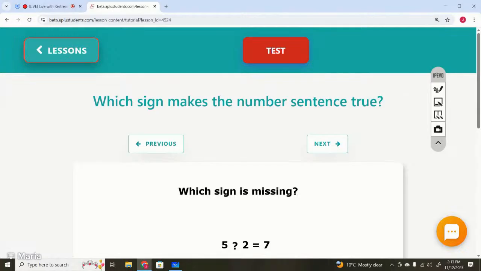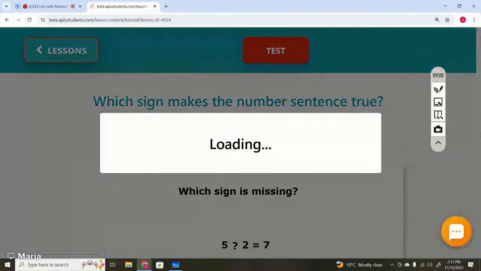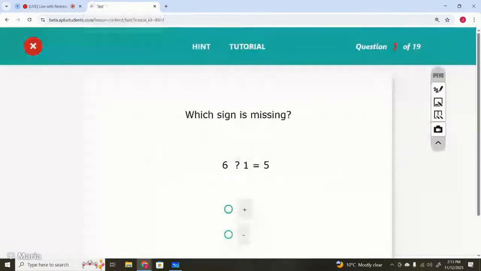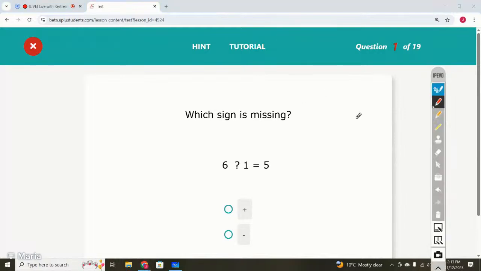Let's start with the test questions. Which sign is missing? 6, the missing sign, 1 equals 5. Let's see if we replace this question mark with addition or subtraction.